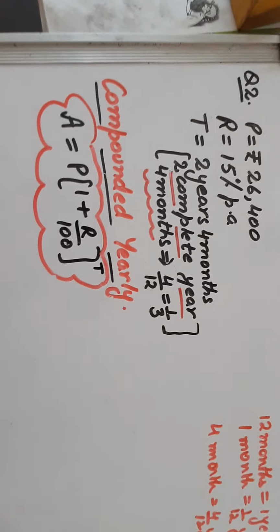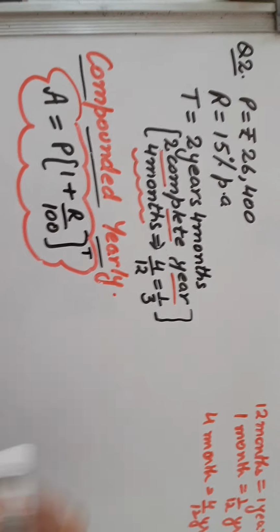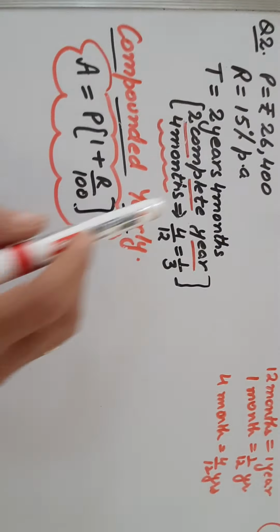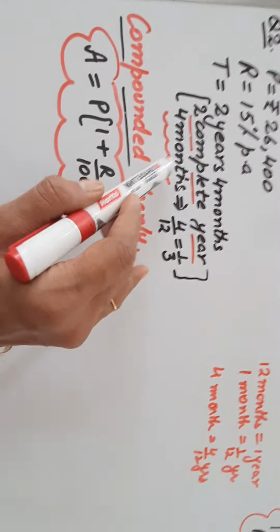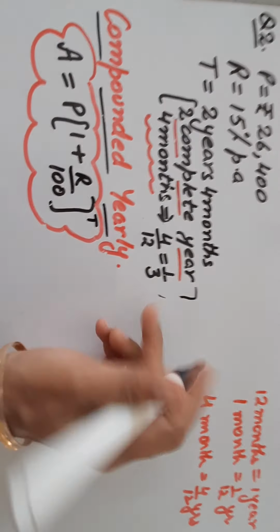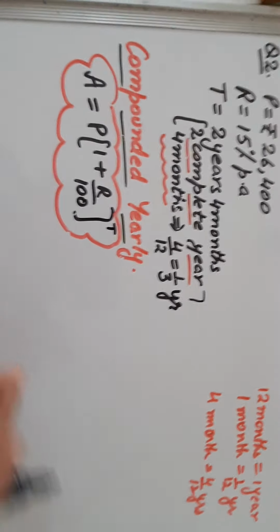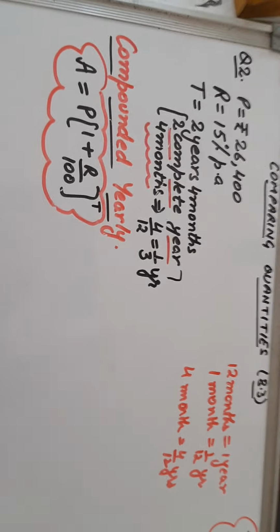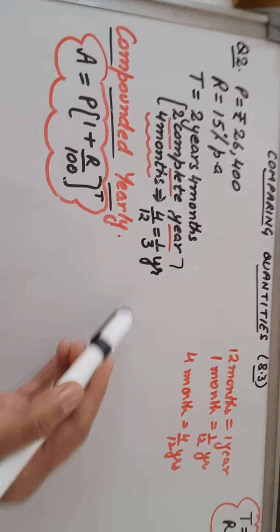So now dear students, what is given to us? 2 years and 4 months means 2 complete years. We'll take a bracket for 2 complete years, but for 4 months we have converted it into year, right? And in the previous video I told you to convert the values.